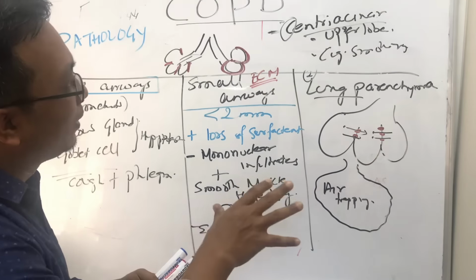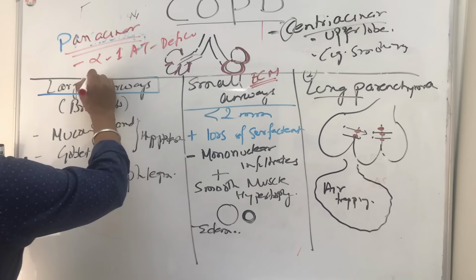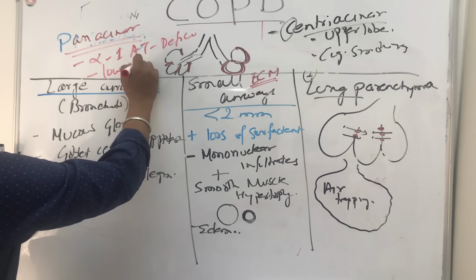When it is all over the lungs, that is panacinar, so I am writing it here. Panacinar is more common, present with alpha-1 antitrypsin deficiency, and it is more prevalent in the lower lobe.